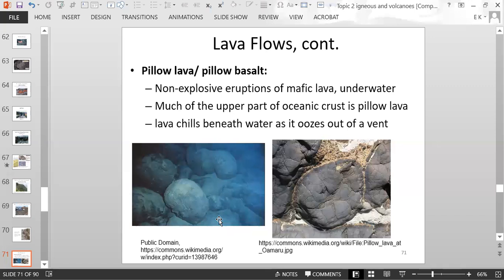And as it touches the cold water, it hardens. You got this squeezed out lava and it hardens. So that's how you get these blobs, okay? So just imagine a tube of toothpaste, you're squeezing the toothpaste out and freezing little blobs of toothpaste.